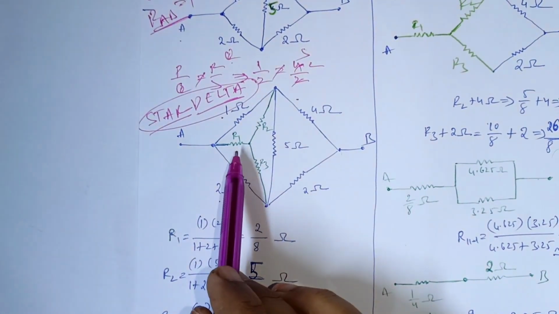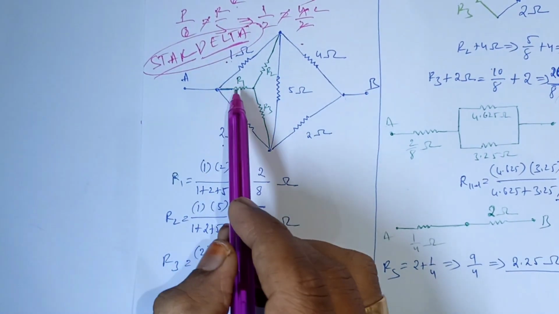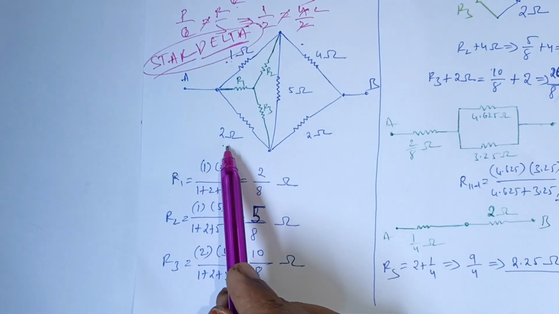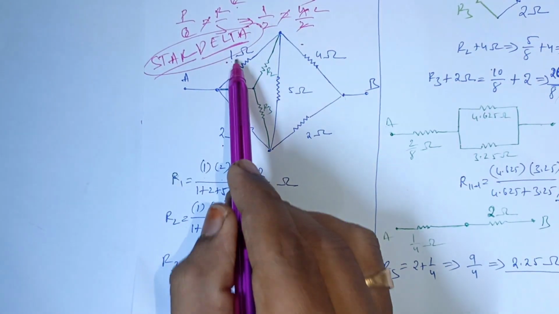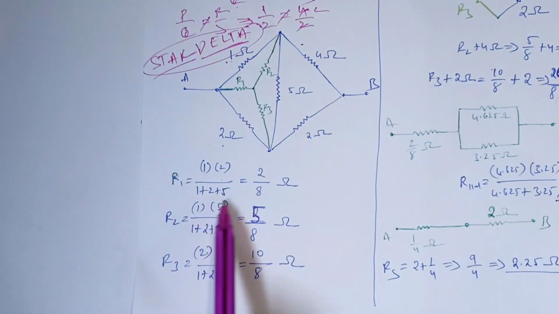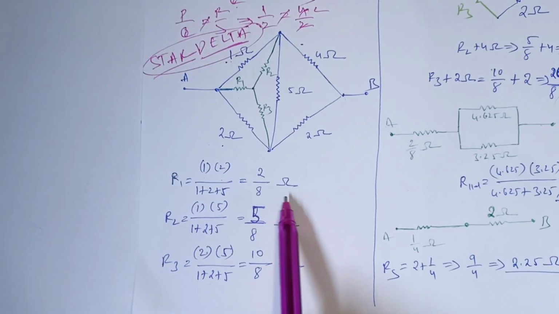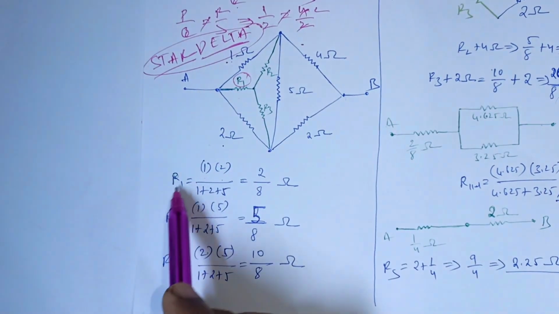So we need to calculate R1. For R1, the left and right hand side resistors are 1 and 2, so 1 into 2 by the sum of these three, that is 1 plus 2 plus 5. After calculation we get 2 by 8 ohm. That is for R1.